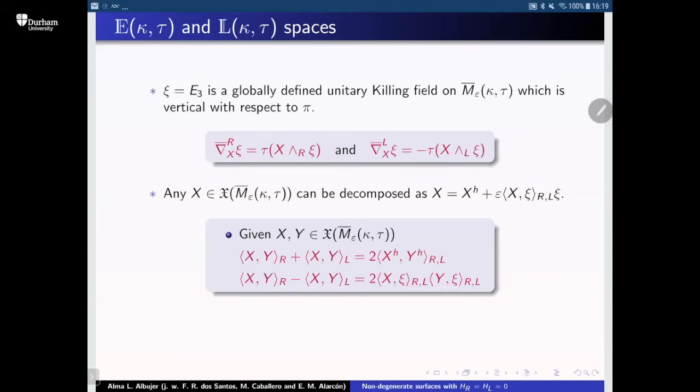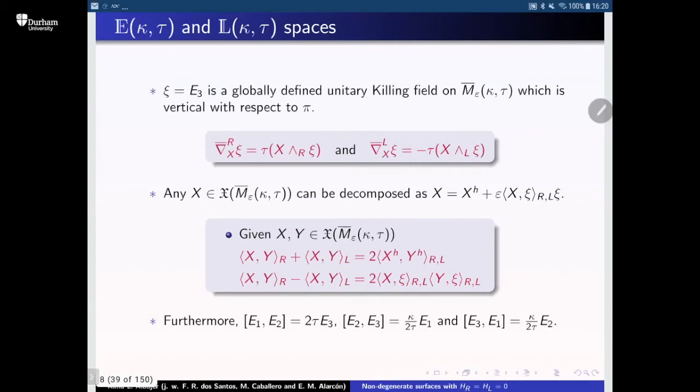If we consider two vector fields, X and Y, and we add both metric tensors applied to them, it only depends on the horizontal parts of X and Y, because the vertical ones cancel. But when we take the difference between these metric tensors, what we have is precisely the product of the vertical parts. What cancels is the horizontal one. So we have this nice relation between the metrics.